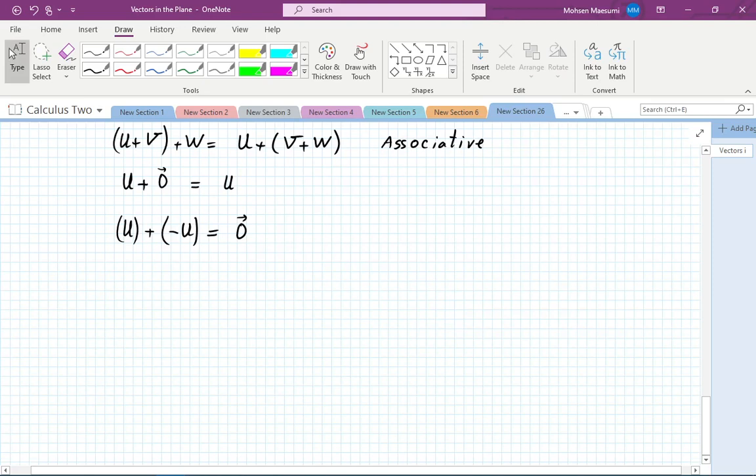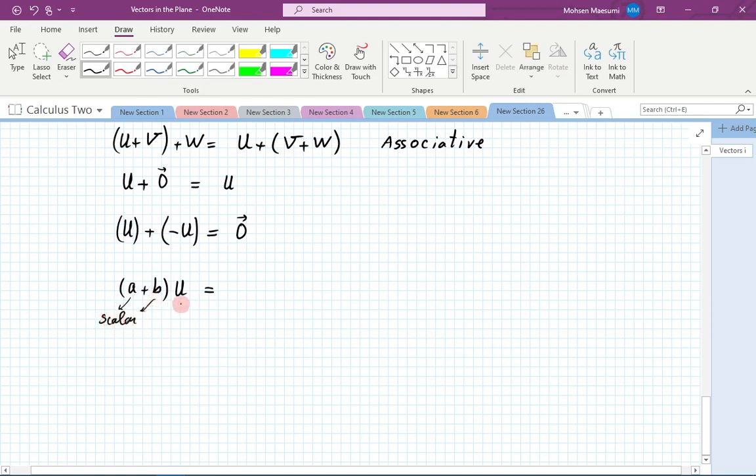Then we have some properties for multiplication. You remember that if I have A plus B times C, we had certain associative and distributive properties. Here, there is a slightly different tone to this, because now these are scalars. So this is a scalar, it's just a number.